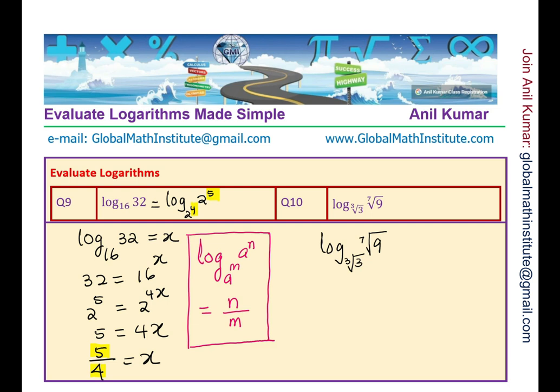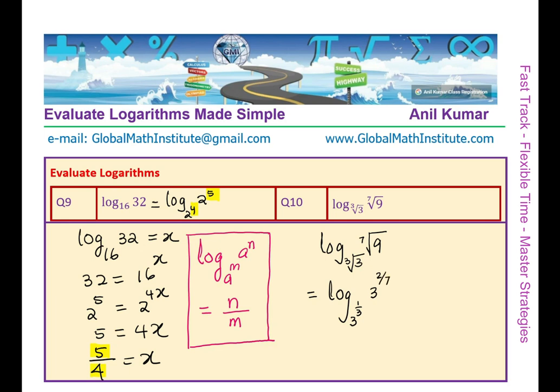So we could rewrite this as log, this is 3 to the power of 1 over 3, because cube root, right? And 9 is 3 square. So I could write this as 3 to the power of 2 by 7, correct? So that is 9 to the power of 1 by 7, right?